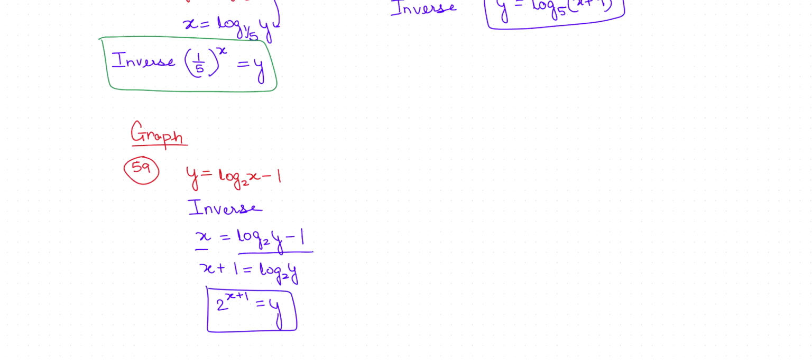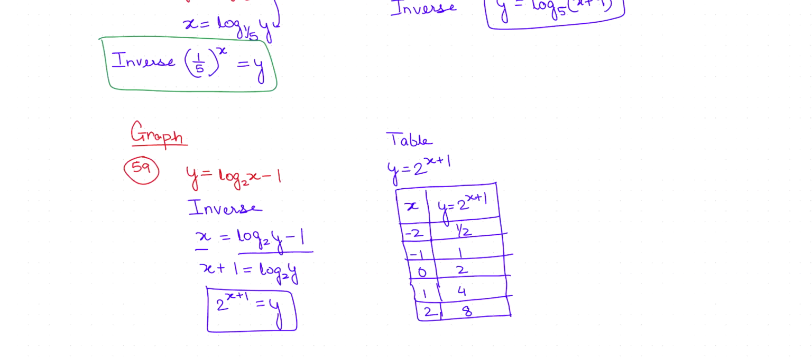So now we have got the inverse, so it will be easier to graph. Let's make a table of values. So we have formed a table with x values, 2^x values, and we got y values for this. So now we know that these are the values of the inverse.